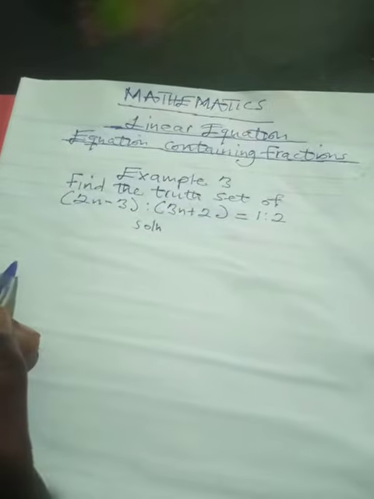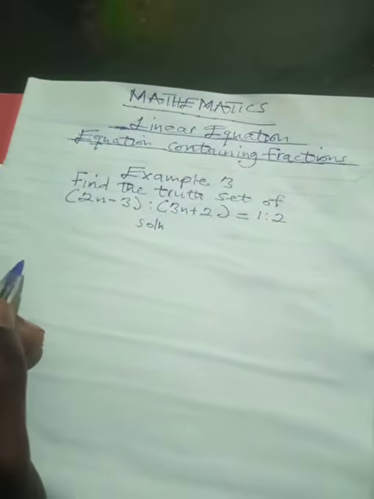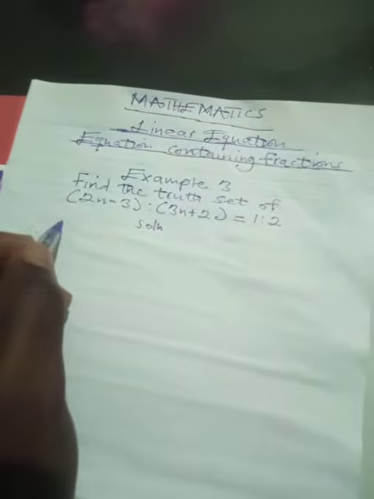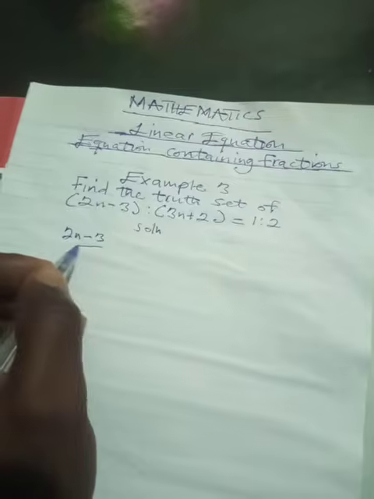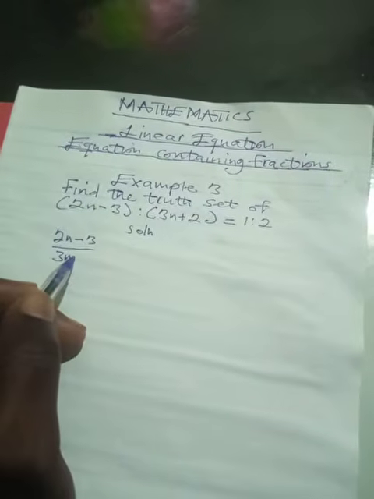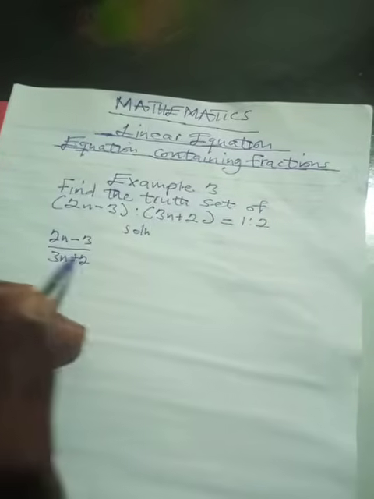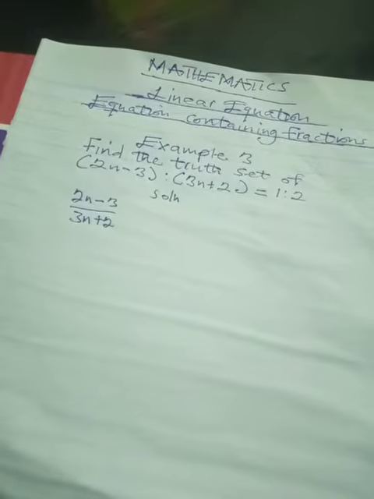For you to write this equation in fraction form, this is how you're going to do it. So 2n minus 3 is to 3n plus 2, you write it as 2n minus 3 over 3n plus 2.